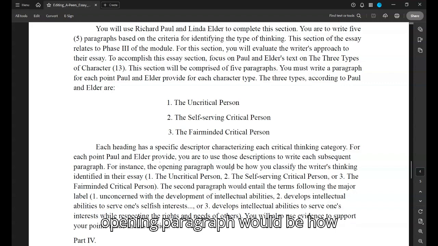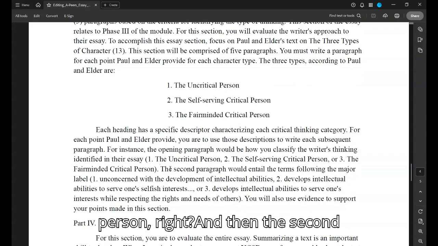For instance, the opening paragraph would be how you classify the writer's thinking in their essay, and you could identify the whole paper as either an uncritical person, a self-serving critical person, or a fair-minded critical person.